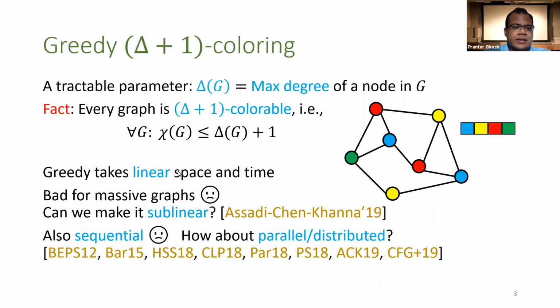There is also another drawback of this algorithm, that it's inherently sequential, which makes it infeasible to be implemented in the parallel or distributed settings. So a long line of research explores whether an efficient delta plus 1 coloring can be achieved in such settings.